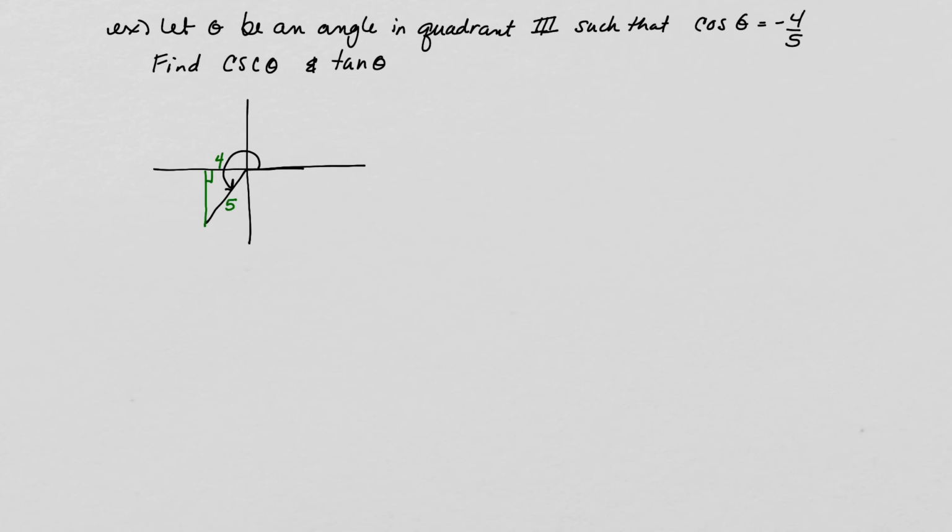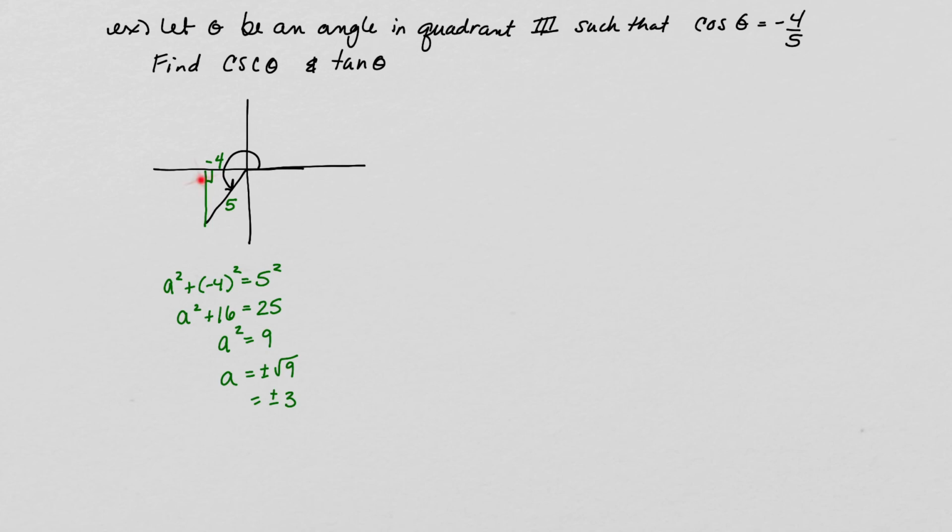And in this case, I'm on this side of the axis, so that 4 should in fact be negative. And then if I do a squared plus -4 squared equals 5 squared, I end up with a squared plus 16 equals 25. So a squared is going to be 9. So a is going to be plus or minus the square root of 9, or plus or minus 3.